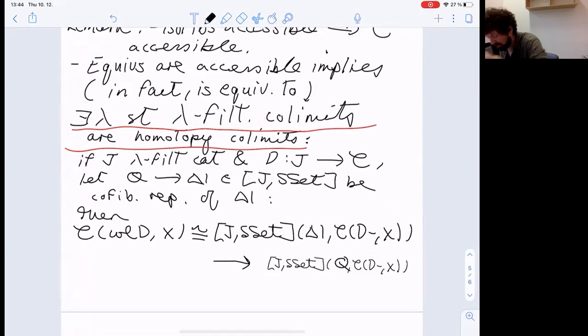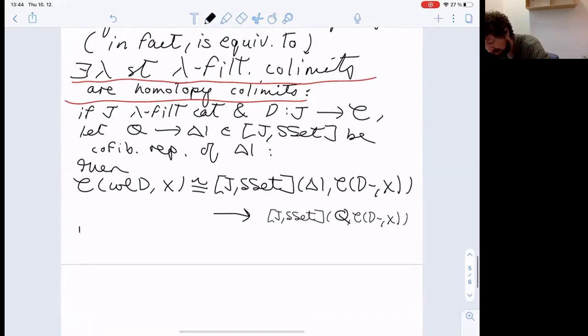So we have a map like this, and we require that this is an equivalence of quasi-categories. So that's what it means.